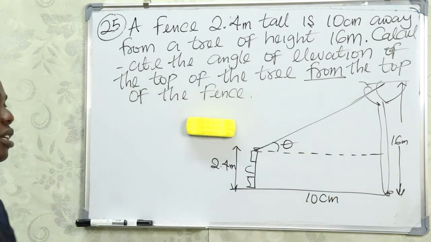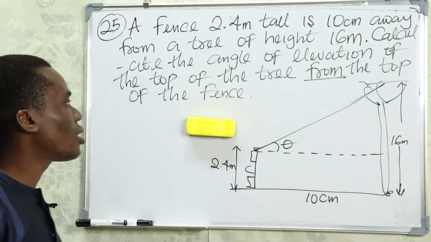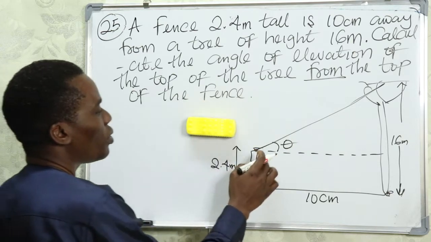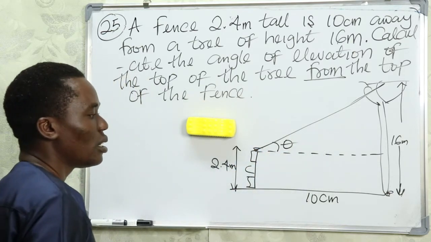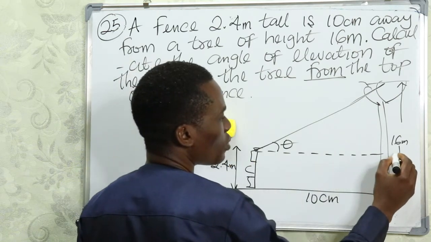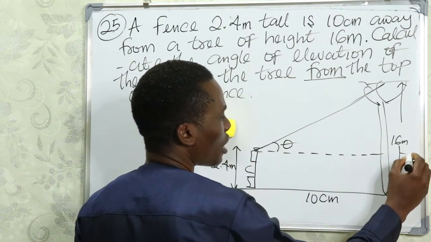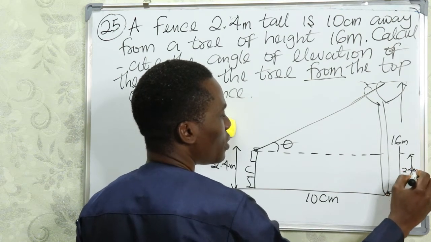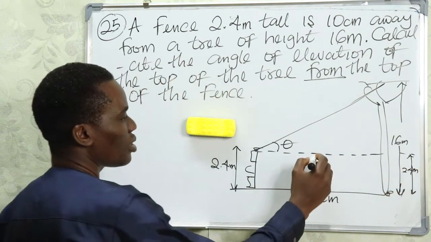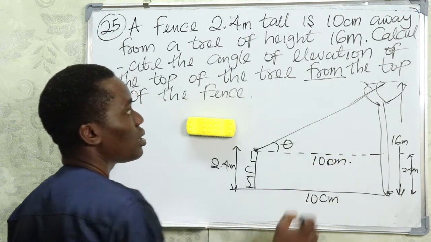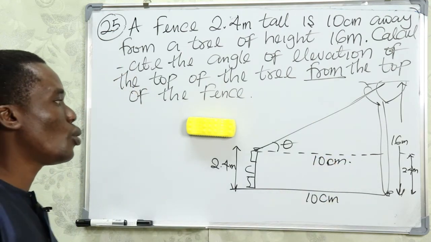So you see, this is the angle we are asked to look for, the angle of elevation from the top of the fence. So having done that, we have seen that this side is always equal to this side. So this side will also be 2.4 meters. And this other side will be 10 centimeter, as we were told.